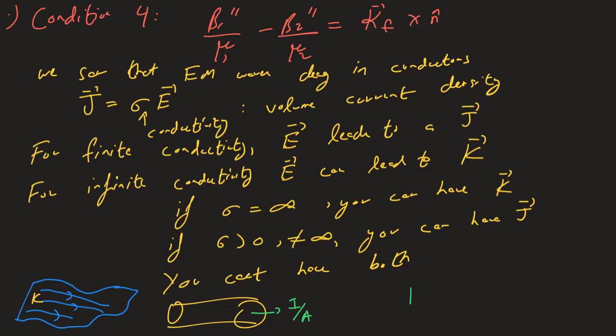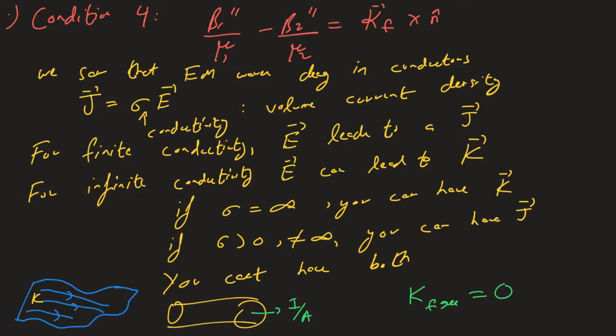And it's basically a delta function, and so it gives you a zero. And so the free current K free is equal to zero for the case where you don't have infinite conductivity and your skin depth is a finite number. As long as your skin depth is finite, you have a current density, and the way to get the surface current K is the integral of J from 0 to infinity in depth of the conductor for the finite conductivity case.